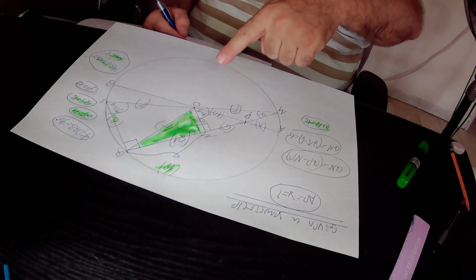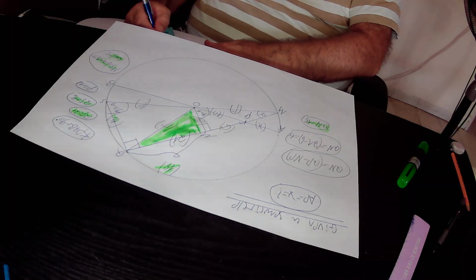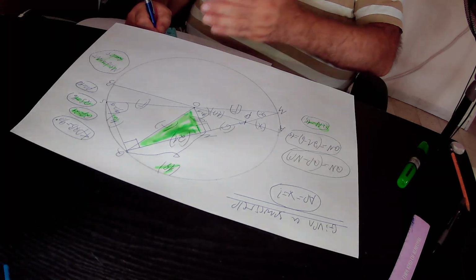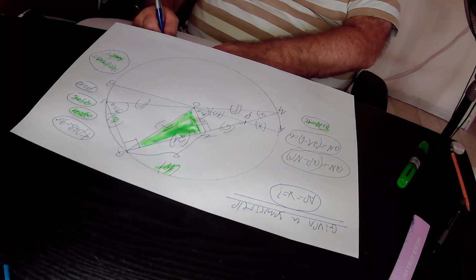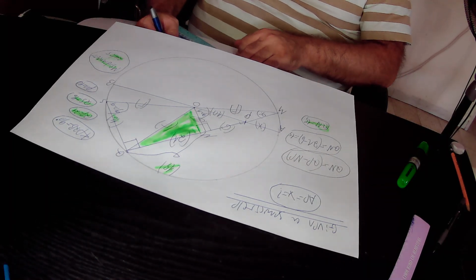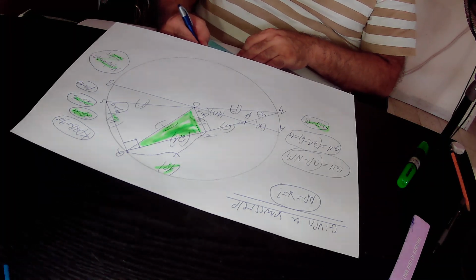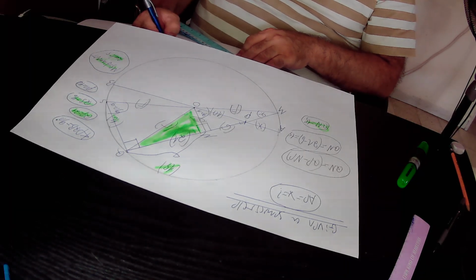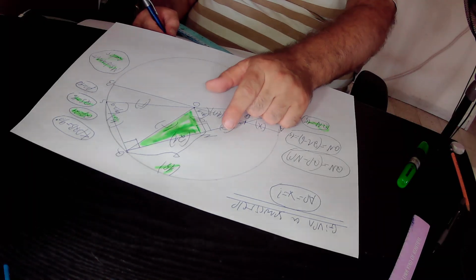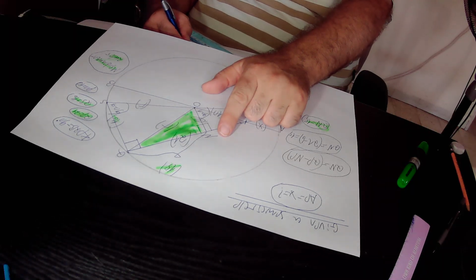The hypotenuse QO is the missing side. That is also the radius of this circle, equal to R. And the other side of the green right triangle, NO, is equal to 8 units in length.